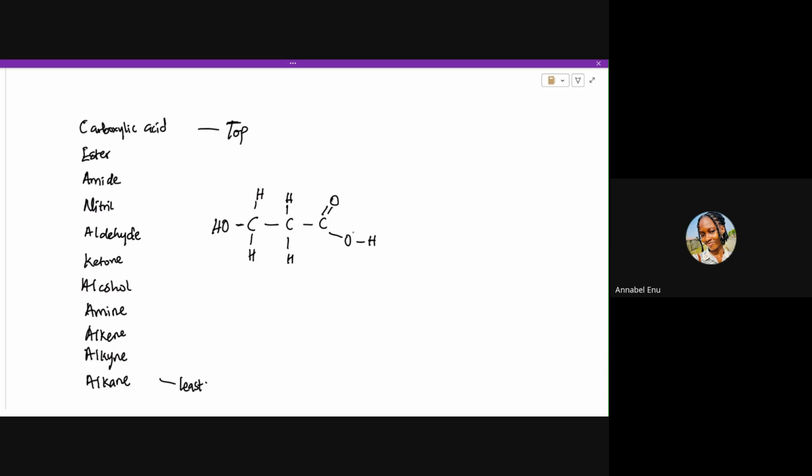If you know it, raise up your hand. What are the functional groups that are present in this structure?